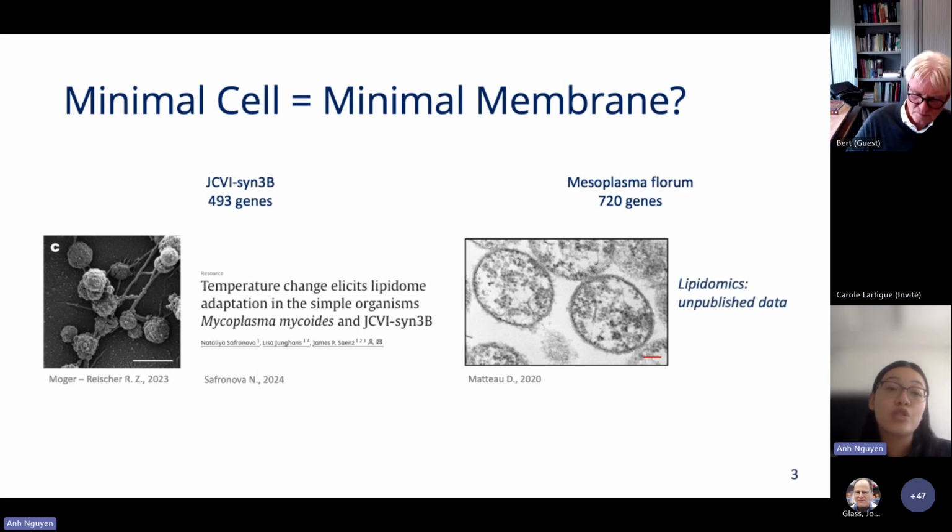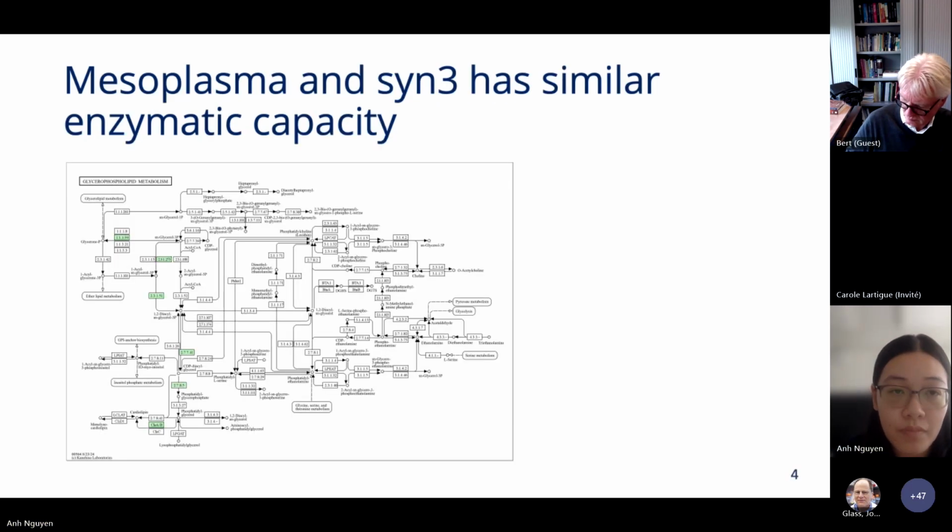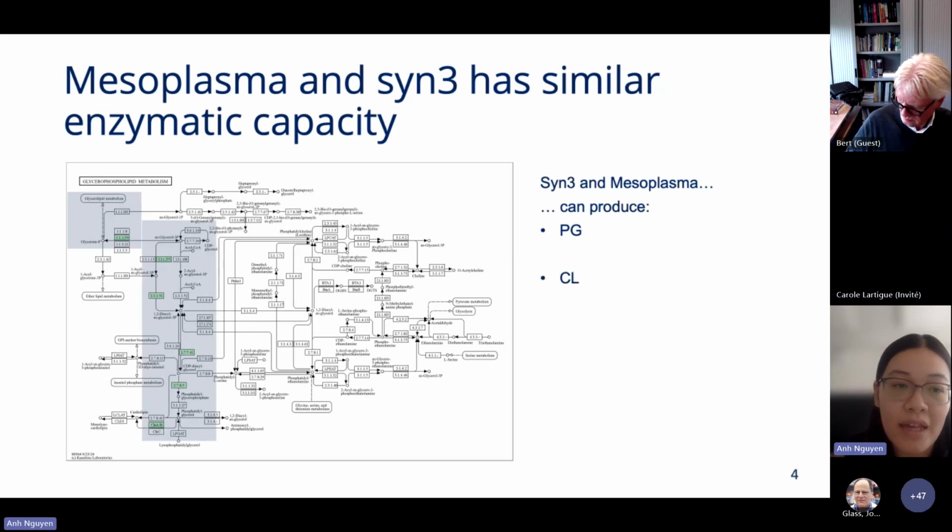So what do we actually know about the remodeling capacity of these two organisms? If you look at the annotated pathway for JCVI-syn3 and Mesoplasma, they both can produce 2 types of lipid head group, which are PG and cardiolipin. And from our lab's observation, they can also produce DAG. So that makes 3 types of lipid.